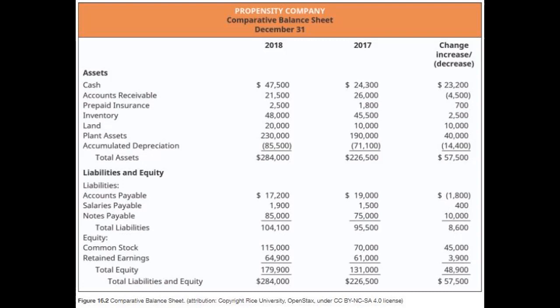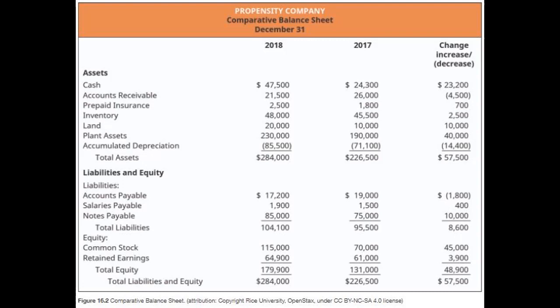They list to the right of those titles the balance sheets for the years 2017 and 2018, but please be careful. The more recent year, 2018, is the column on the left.